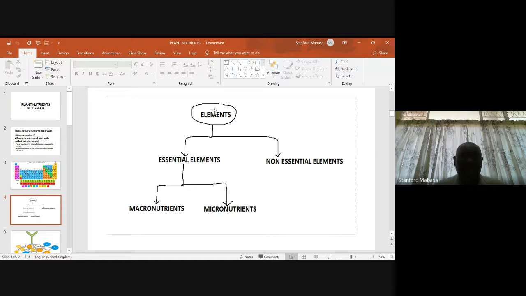We can divide the essential elements into two groups: the macronutrients and the micronutrients.